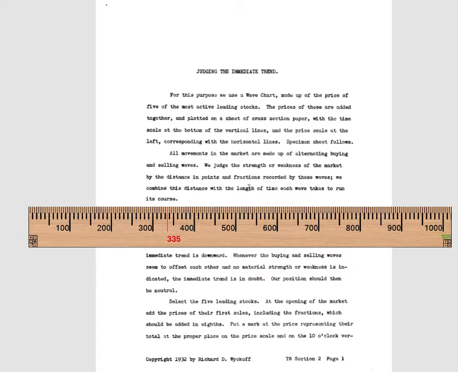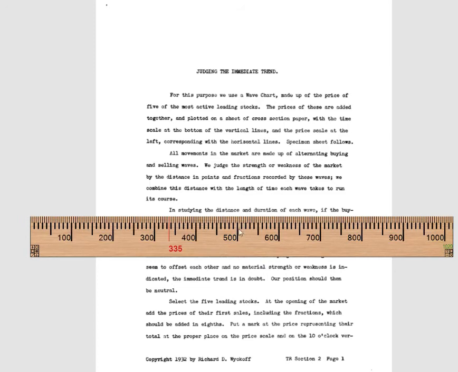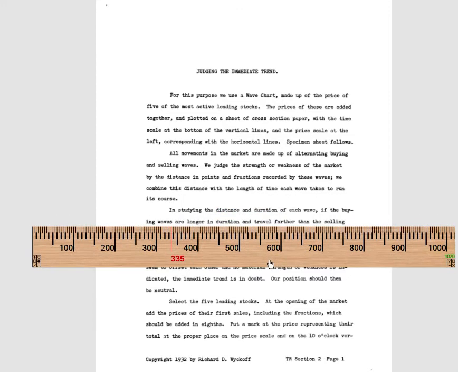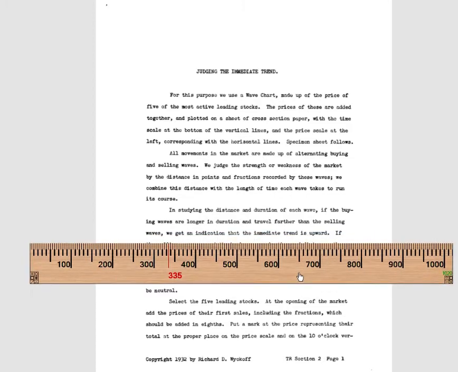So you combine the price distance that the market goes up with the time that it takes for each wave to go up or down. In studying, quote, distance and duration, meaning price and time of each wave, if the buying waves are longer in duration and travel further than the selling waves, we get the indication that the immediate trend is upward.